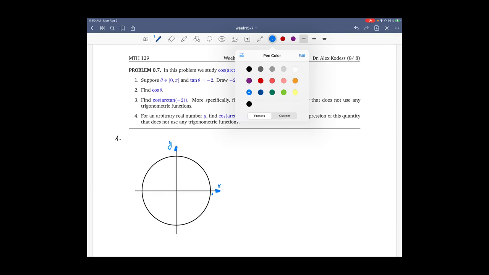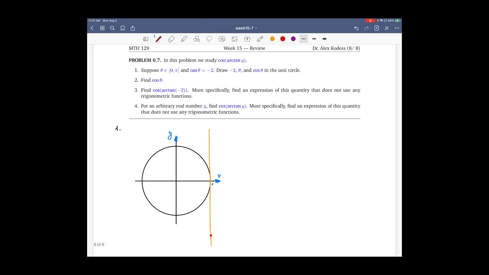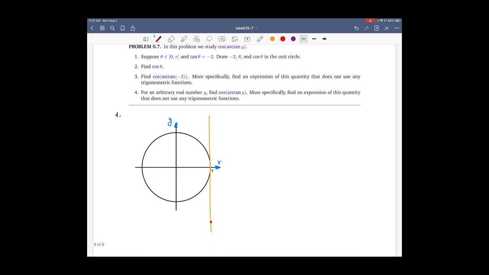Where is the axis of tangents? The axis of tangents, remember, is a vertical line that passes through the point 1, 0. Let's say this here is -2. Theta is some angle in 0 pi whose tangent equals -2.